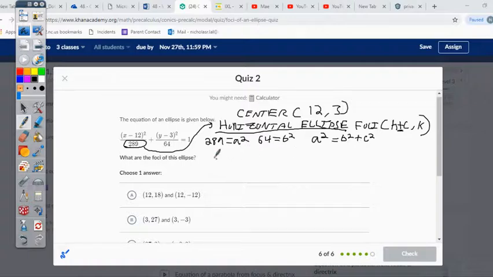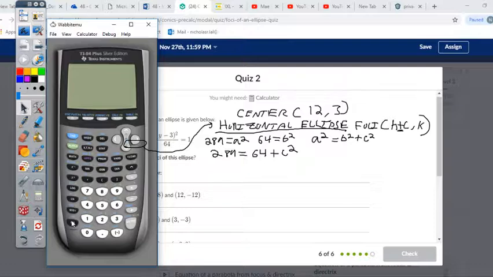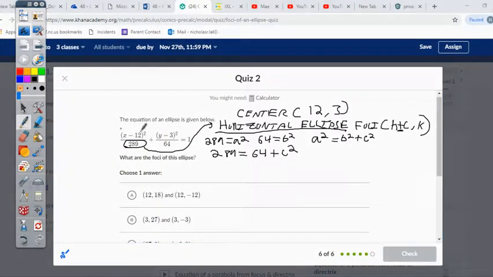So 289 is equal to 64 plus c squared. 289 minus 64 is equal to 225. The square root of 225 should be equal to 15. So, c squared equals 225, and c is equal to 15.